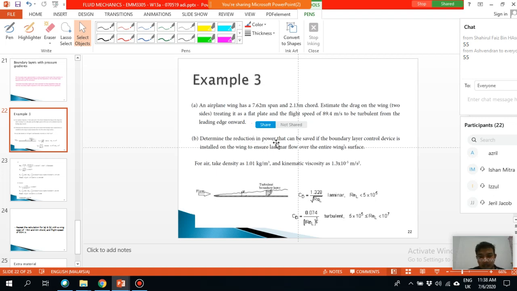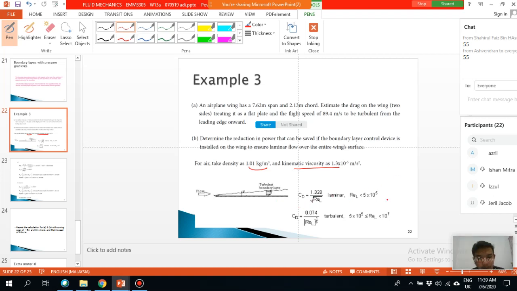B: determine the reduction in power that can be saved if a boundary layer control device is installed on the wing to ensure laminar flow over the entire wing surface. Take the density as 1.1 kg per meter cube and the kinematic viscosity as 1.3 times 10 to the power of -5. This is the concept of the effect of the turbulent boundary layer.